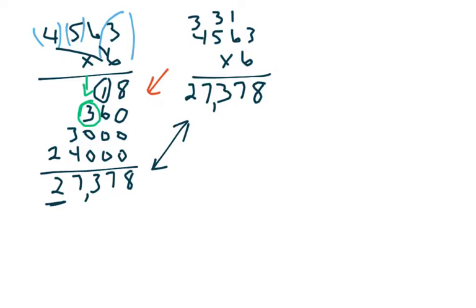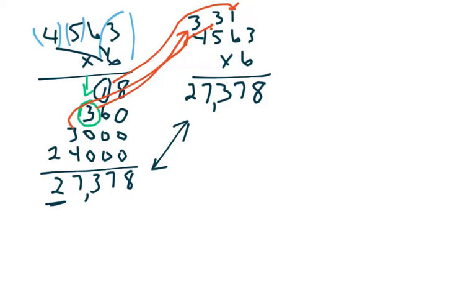I'm going to show you here, maybe I can do it in red. The 1 we carried here. The 30 we carried was there. The 3,000 was carried here, or regrouped into the thousands place.